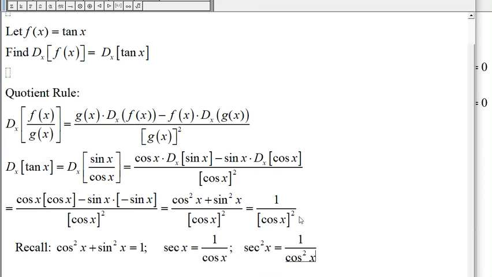For the cosine of x, we can write it this way, or we can write it this way. It's the same thing. So 1 over cosine squared of x is equal to secant squared of x. So the derivative of tangent of x is secant squared of x.